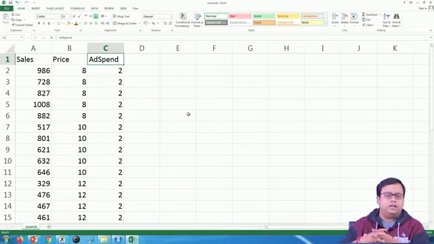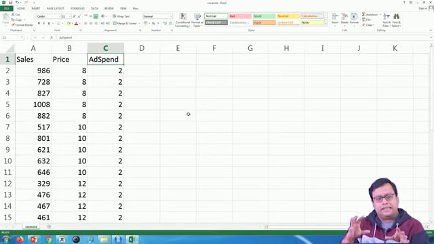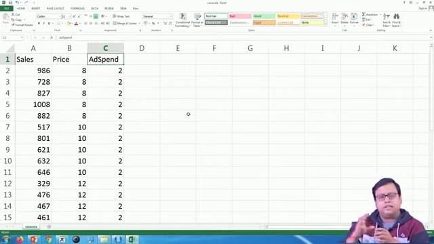They want to know what combination of price and what combination of advertisement expenditure will give them the best result. So, this was the basic problem. This is a new product, so they have to do a certain amount of advertisement. In the normal case, this is a classic 3 by 2 problem.